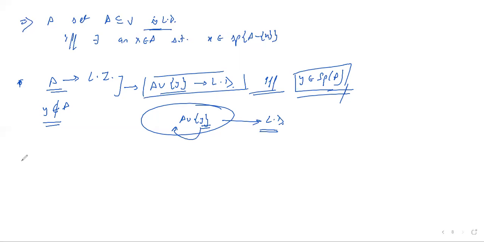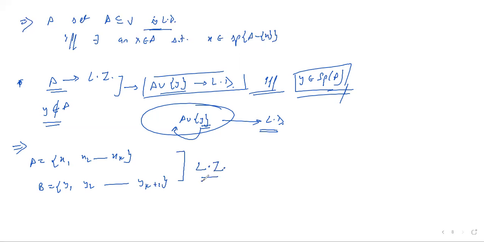Now there is another result like this. Say A is a set of vectors x1, x2 to xk, and B is another set of vectors y1, y2 to yk plus 1, and both sets are linearly independent.